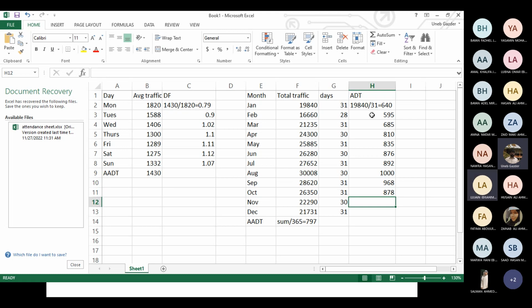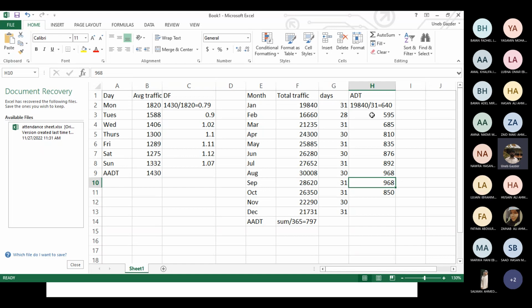For October it is 850, not 817. August is 968. What is September? For November, it's 743.